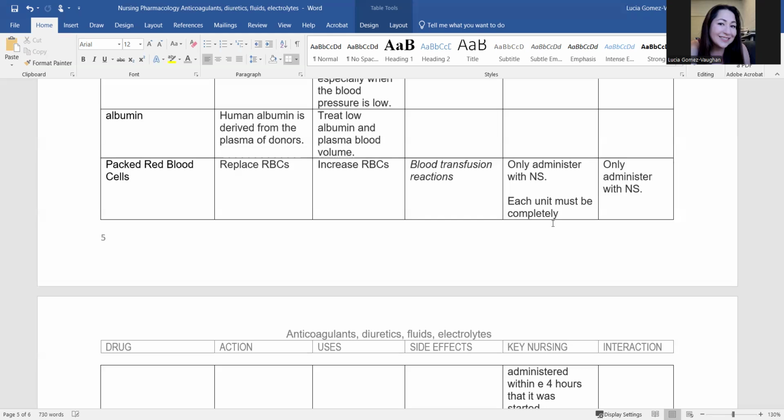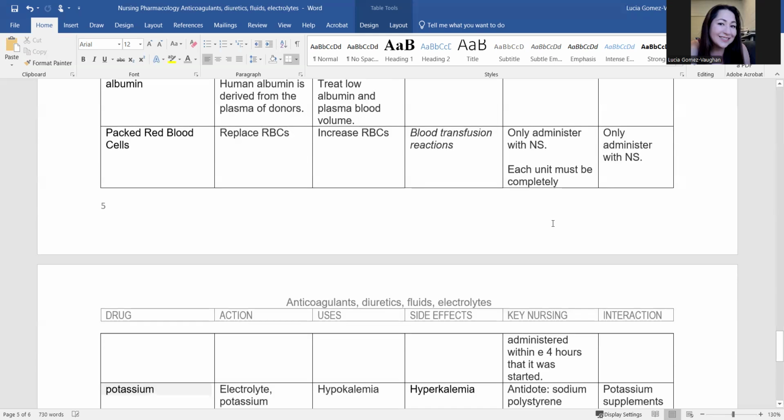You don't give it with any other fluid. Each unit must be completely administered within 4 hours from when it was started. If you leave the blood hanging longer than 4 hours, you increase the risk for bacterial growth as the blood warms.